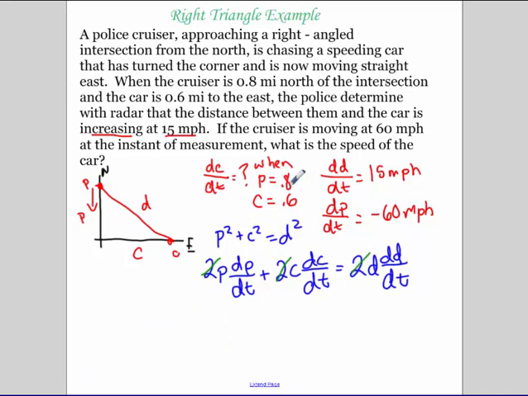Our police cruiser is 0.8 miles from our intersection. Our police cruiser is moving at negative 60. C is 0.6. dc dt is what I'm looking for.